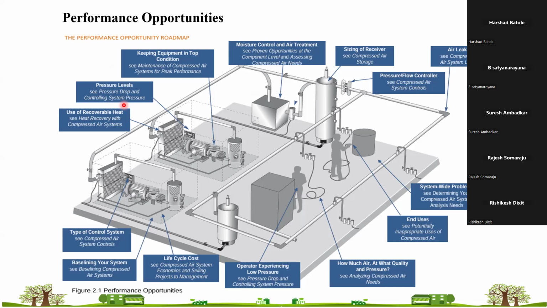Suppose I am recovering the heat from the compressor, and the water is heated to 80 degrees. Suppose I use it in a washing machine, for example, and again I have to circulate the water, which is coming back at around 60 degrees. So my compressor will not work, because I have to maintain the delta T, inlet and outlet water temperature.